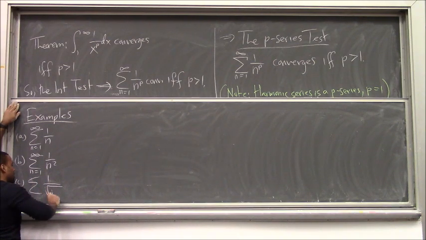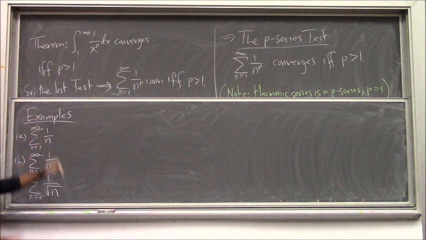Then 1 over radical n. That's a hard one, because it doesn't look like 1 over n to the p right away, but it is. What's p here? A half, right? So that's 1 over n to the half.